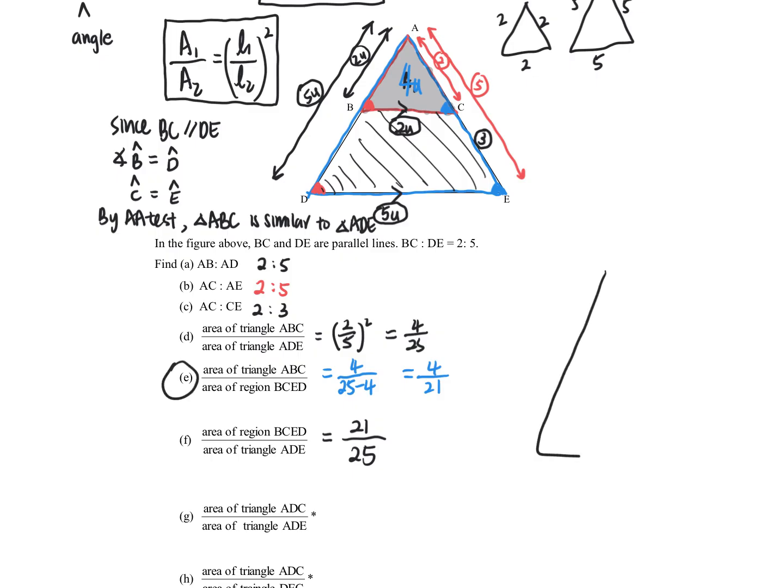The whole thing we found out is 25, but this tiny part here is 4, because we squared it. So if the whole thing is 25, this is 4, then this is 25 minus 4, which is 21.